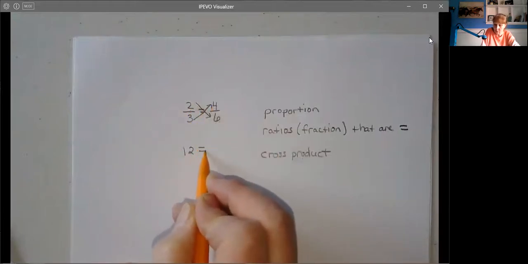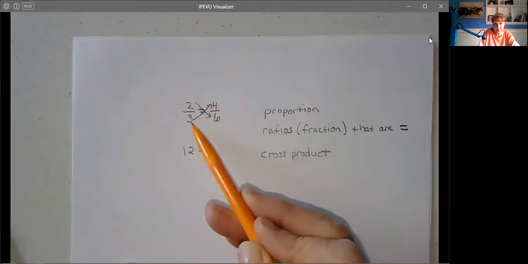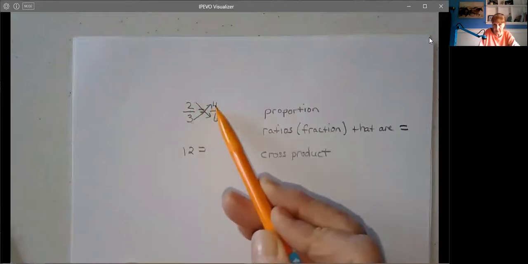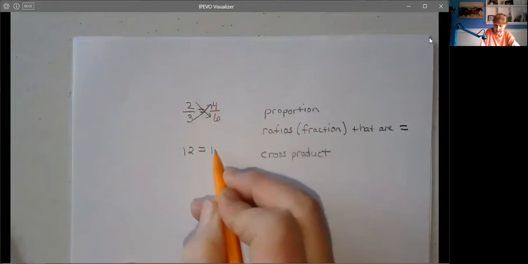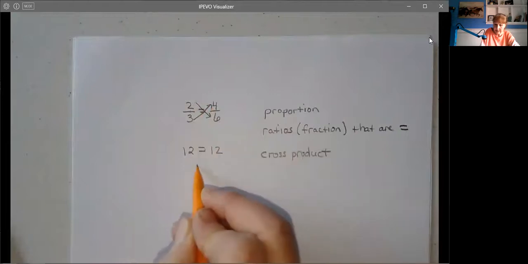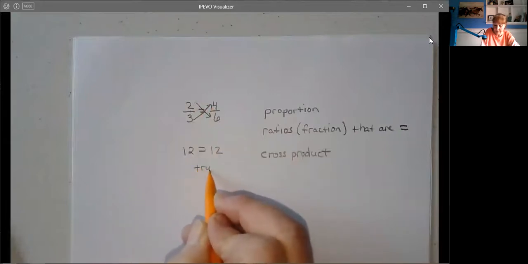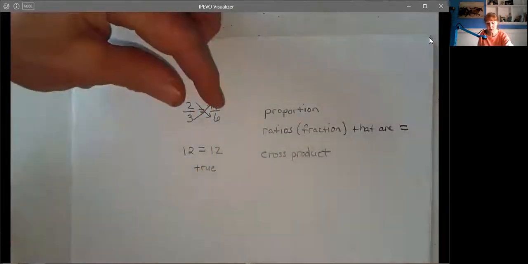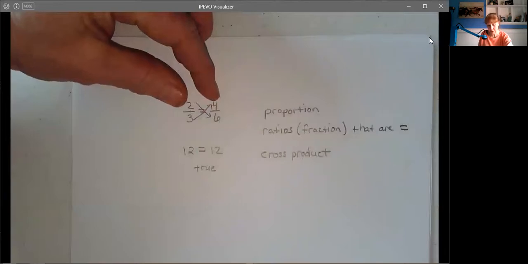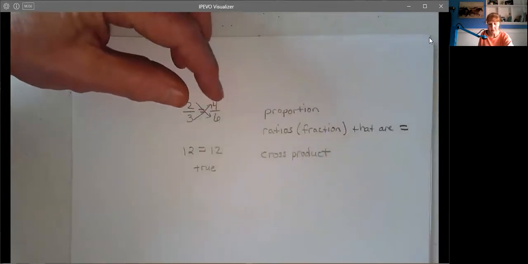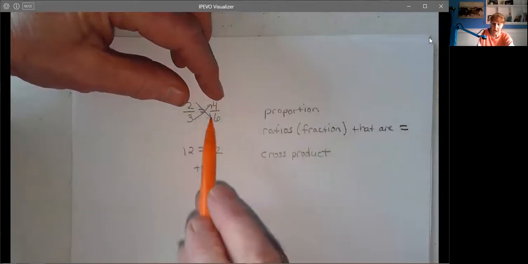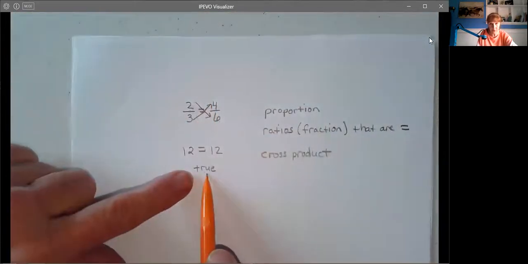Does that equal the other cross product, 3 times 4? Yes, it does. Since this is true, we say that these two ratios or fractions are proportional, and this is a proportion, because the cross product is true.